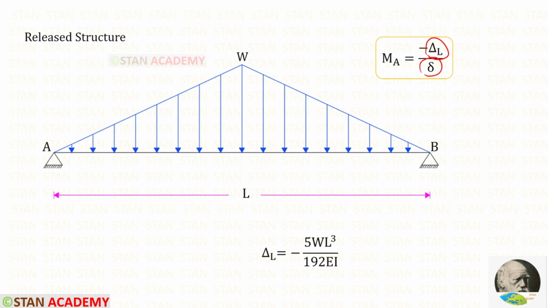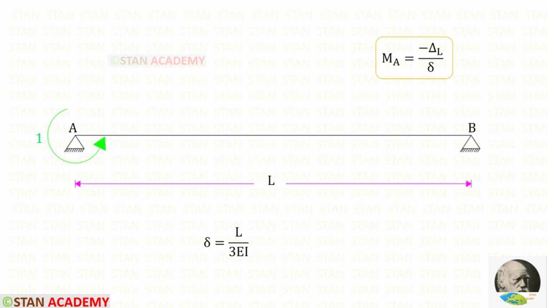We have to remove all of the loads from the beam and apply unit movement at point A. You can see that I have removed all of the loads and applied unit movement. I have applied unit movement in the anticlockwise direction because MA will be acting in the anticlockwise direction.